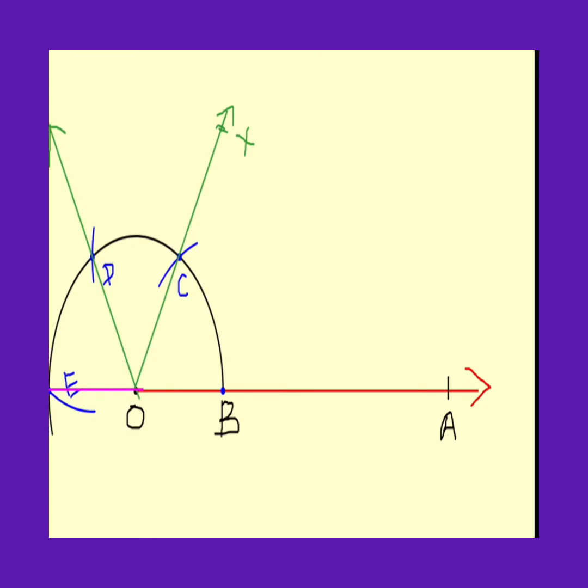For the angle of 90 degree, you will place the pointer of the compass at the point C and draw an arc just in the middle of points D and C, as you see on the screen.